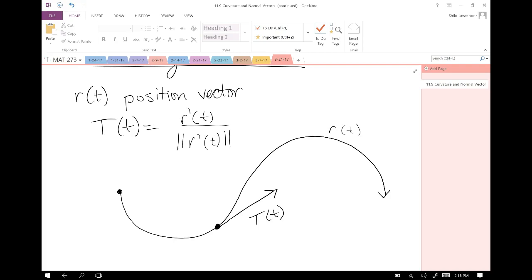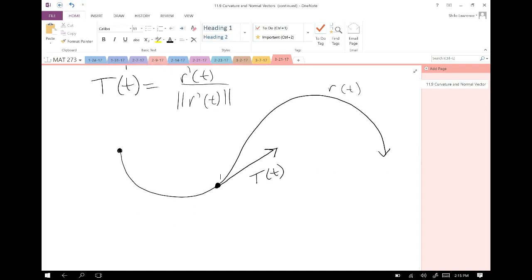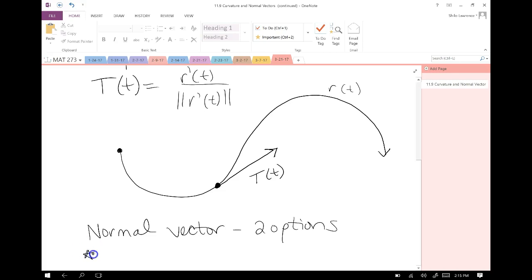So when we talk about the normal vector, there are really two options, but only one that we're interested in. It's called the principal unit normal vector, and this is the one that's going to help us decide the direction of motion.